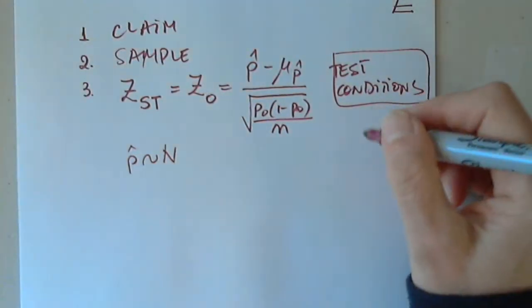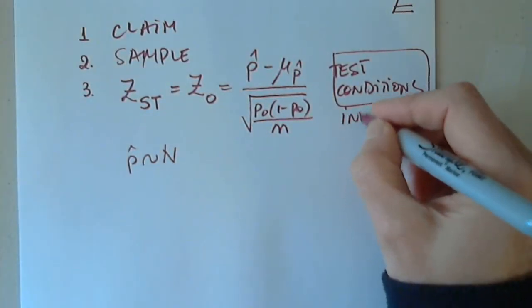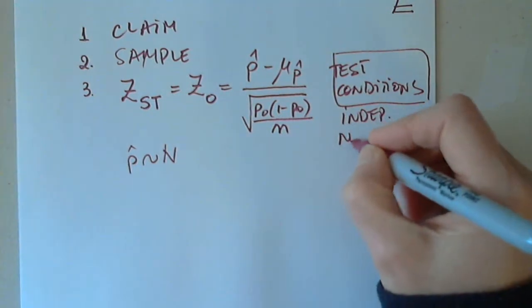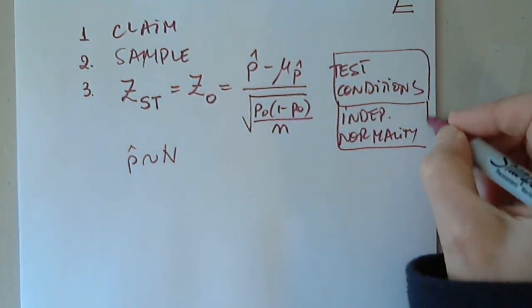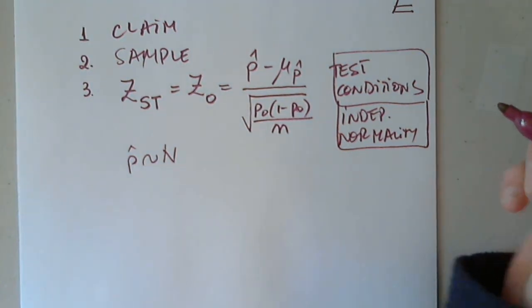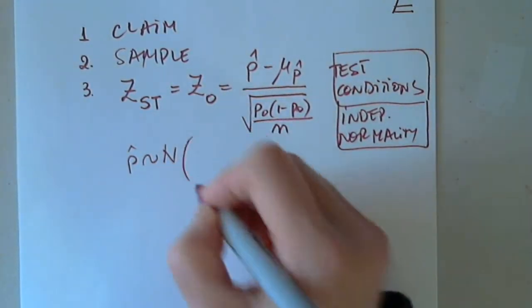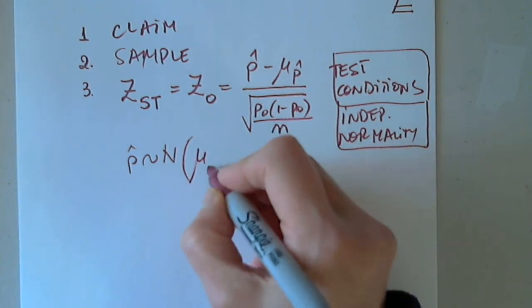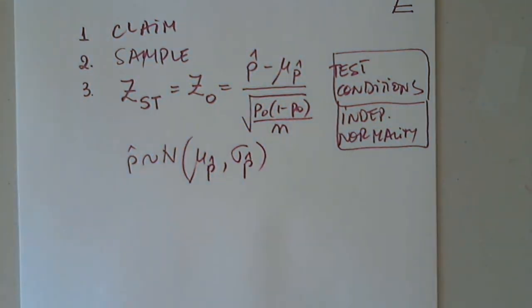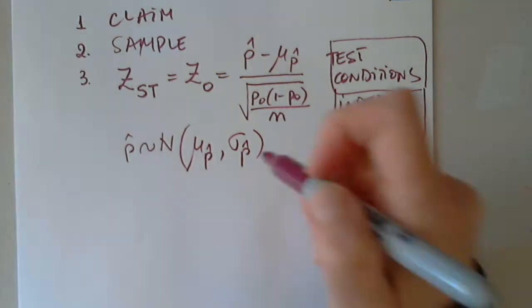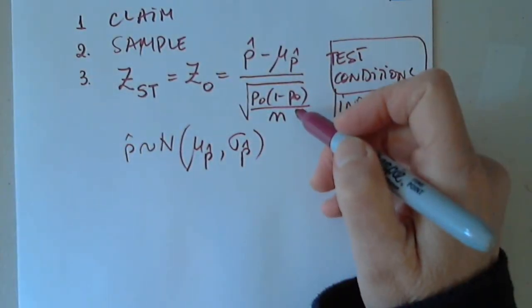You remember from the previous chapter, the conditions of independence and normality. These have to be tested before we continue. Okay, but we know that p hat is approximately normal with mu of p hat and sigma of p hat, where sigma of p hat is this.